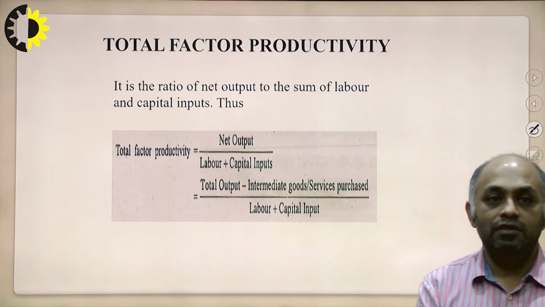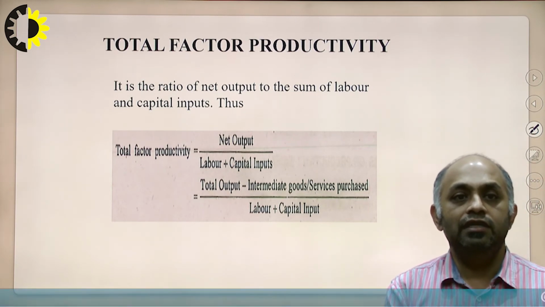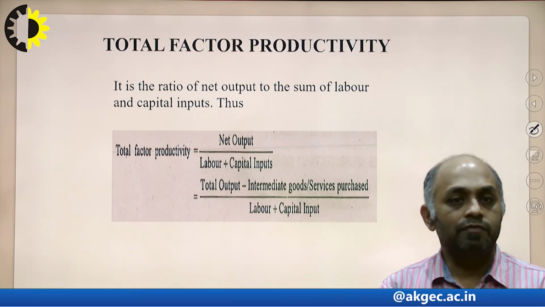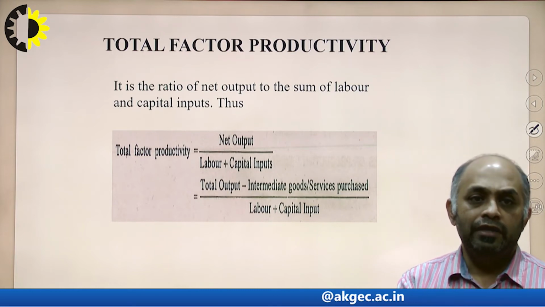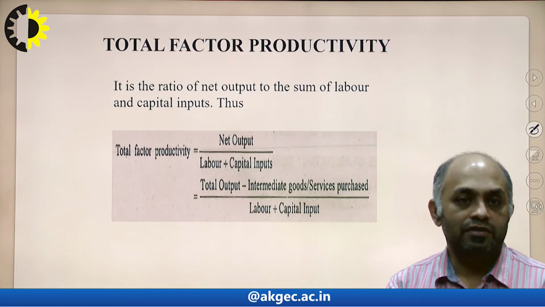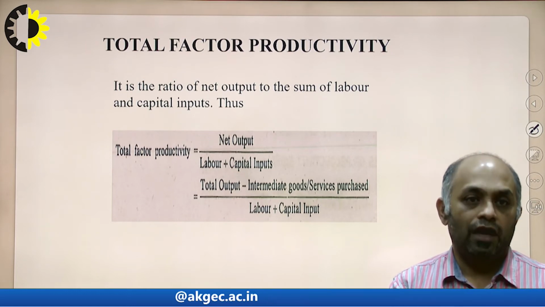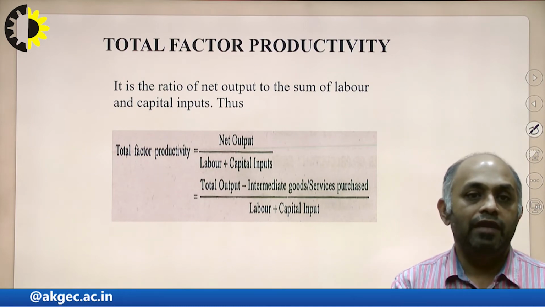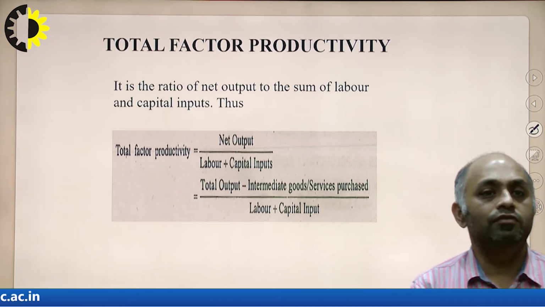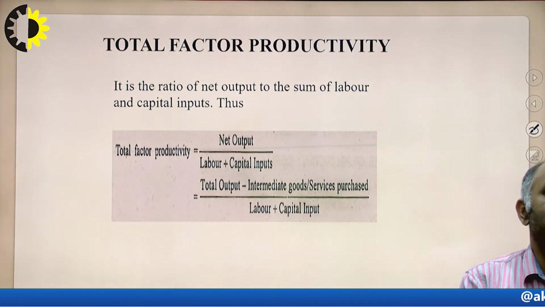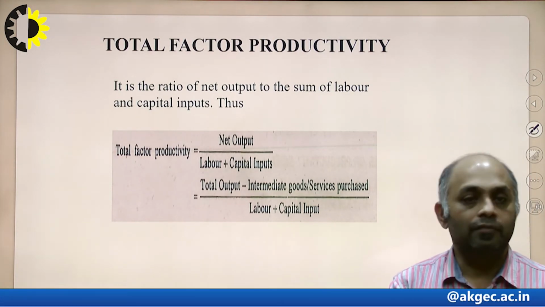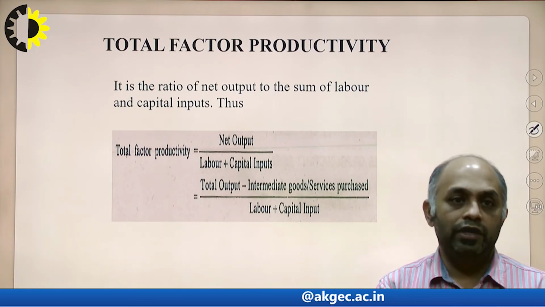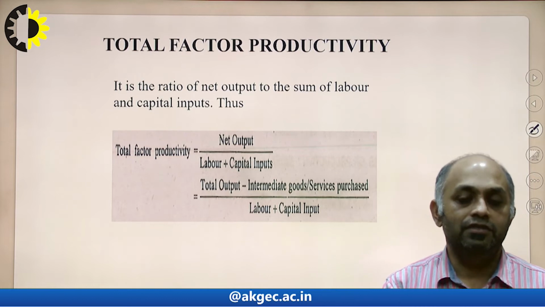So what we see is total output minus the intermediate goods and services purchased. So from total output, we subtract the intermediate goods that we purchase from outside, and then that becomes the actual output, divided by labor plus capital input. If I see this, we'll realize that this gives us a fairly good measurement of the system, so that we can easily understand how we are going and what the productivity of the system is.